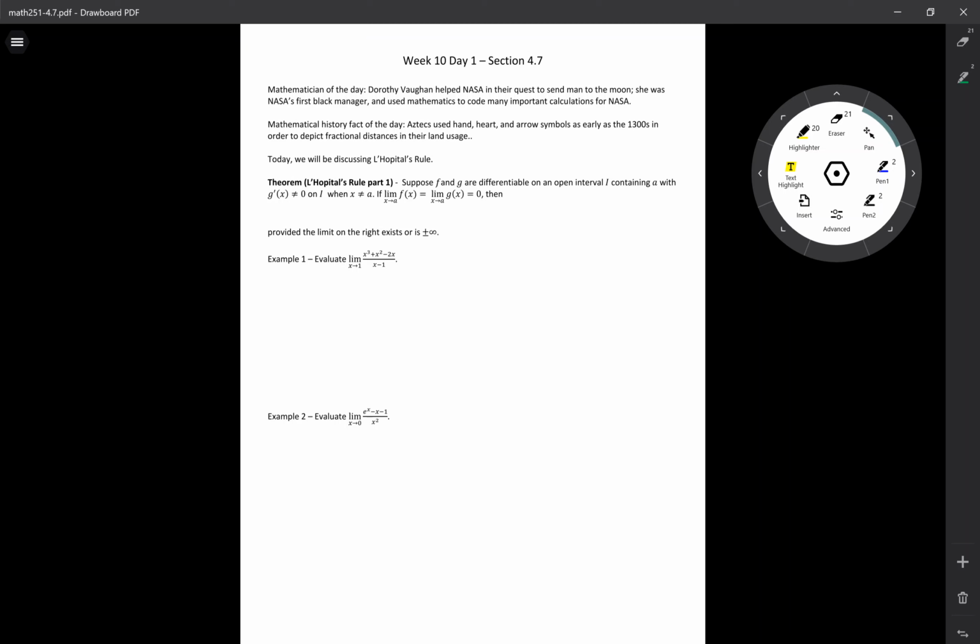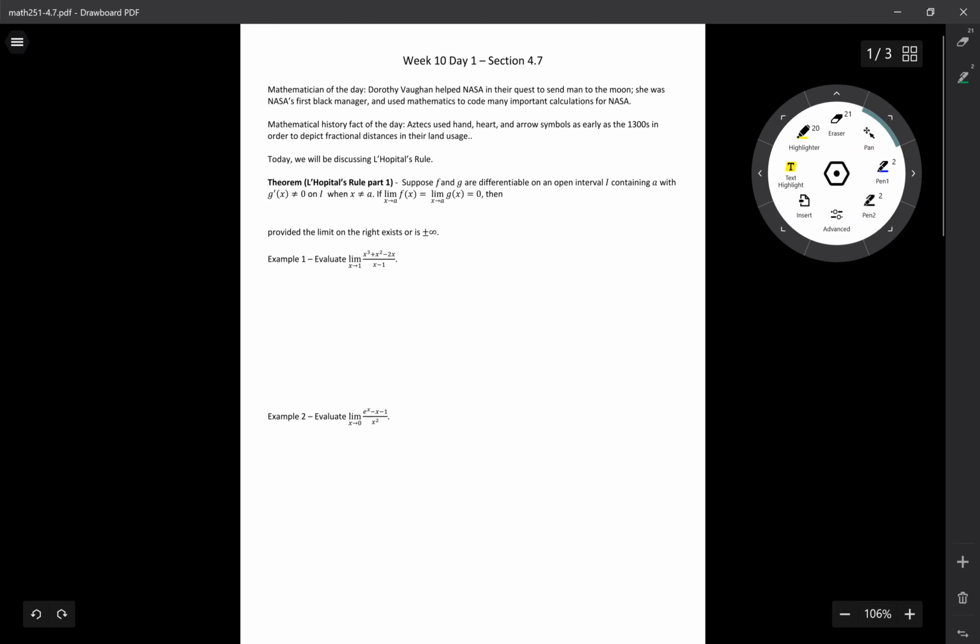So here is what L'Hopital's rule says. Suppose f and g are differentiable on an open interval I containing the point a with g of x not equal to 0 on this interval when x is not equal to a. If we have that the limit as x approaches a of f and the limit as x approaches a of g are both equal to 0, then we have the following.